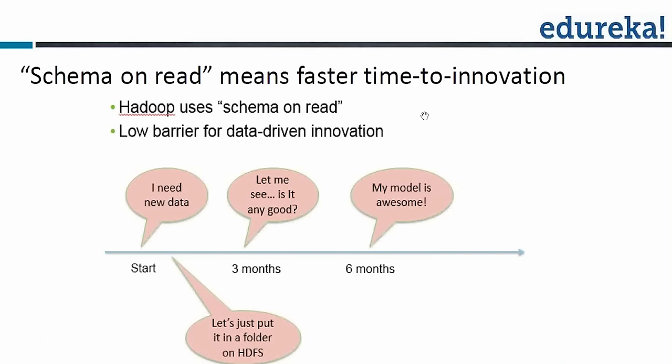So that way, Hadoop provides the distinct advantage of the data being stored in an unstructured format. It is schema on read. So this makes it a lot more flexible and fluid for data driven innovation. So Hadoop provides that operational advantage, I would say, in the long term.